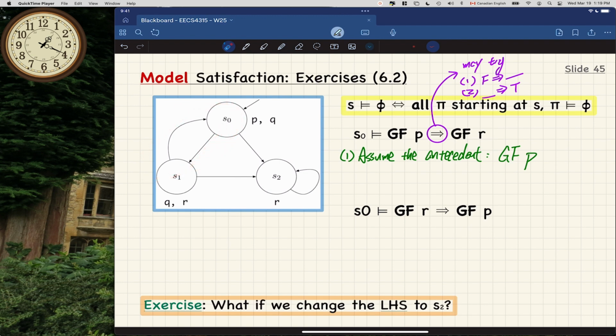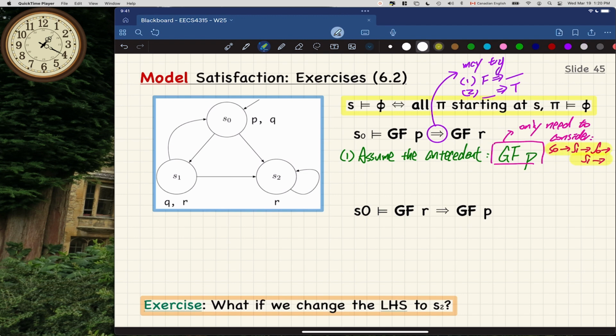Because whenever I get to S2, there's no way to satisfy P. So this tells me I only need to consider S0, S1, S0, S1. That means we never go to S2. So now we have constrained ourselves to this path only because we assume the antecedents.